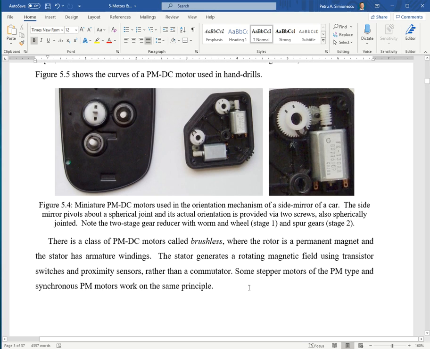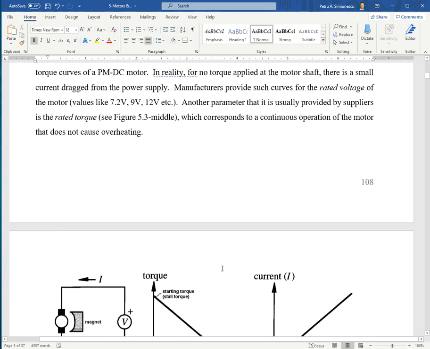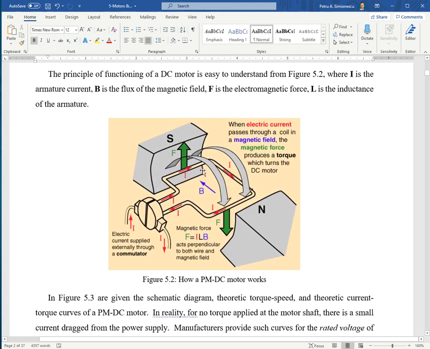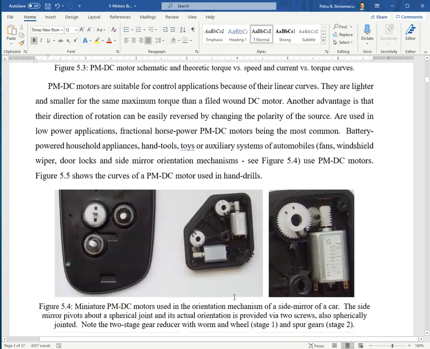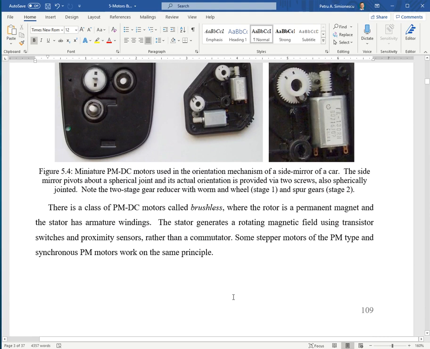Okay. And there are other permanent DC motors called brushless, where the rotor part has a permanent magnet, and it's the stator that runs a magnetic field that is controlled by electronics and provides continuous rotation to that magnet that is attached with the rotor. They are long lasting because the brushes don't wear out.